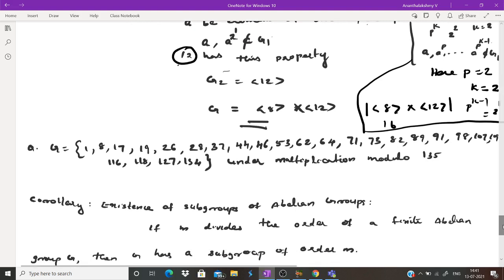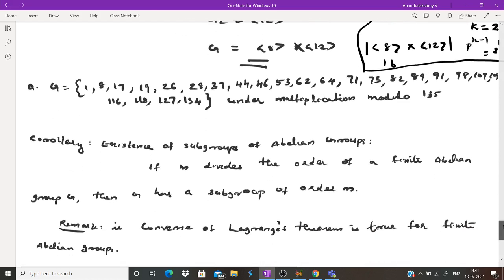G has more than 60 elements: 1, 8, 17, 19, 26, 28, 37, 44, 46, 53, 62, 64, 71, 73, 82, 89, 91, 98, 107, 109, 116, 118, 127, 134 under multiplication modulo 135. Find what group G is isomorphic to, that is, how G can be expressed as an internal direct product. That's the problem.